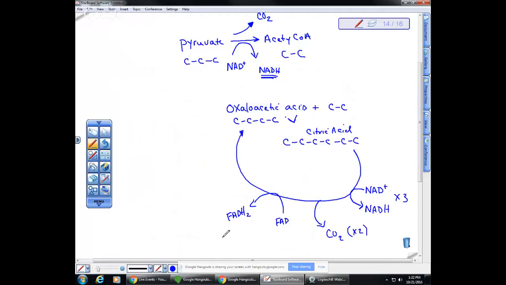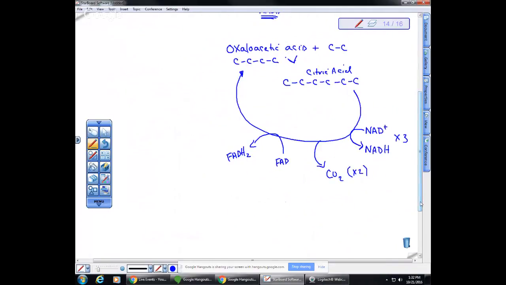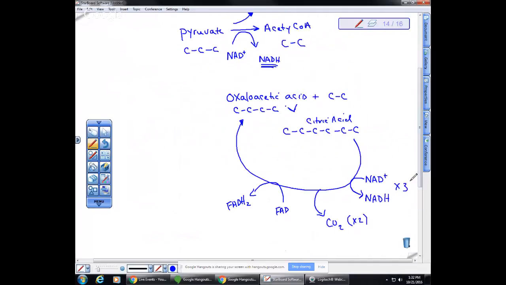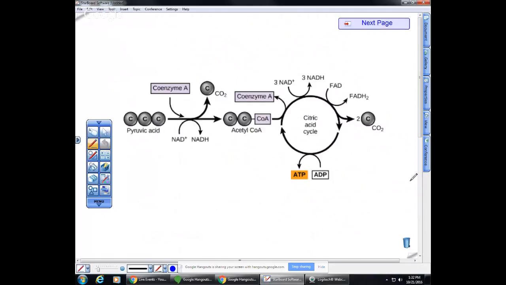And then we come to the end of our cycle. So one pyruvate goes through this cycle, and then the other pyruvate has to go through the cycle. So to totally oxidize one glucose molecule, you have to go through this cycle twice. So in your book, there's a really nice diagram that shows this.